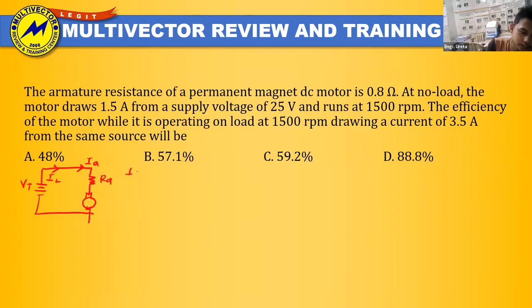IL is just equal to IA. In terms of KVL natin dito, the terminal voltage is just equal to IA RA plus EB. Therefore, EB is just equal to VT minus IA RA.